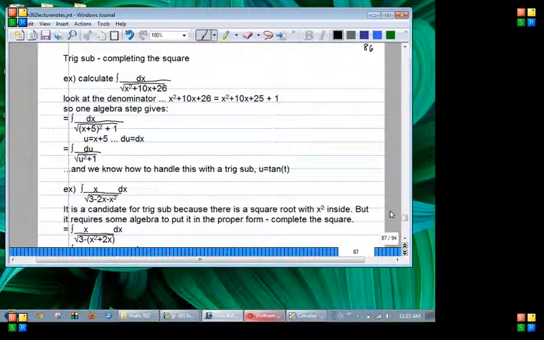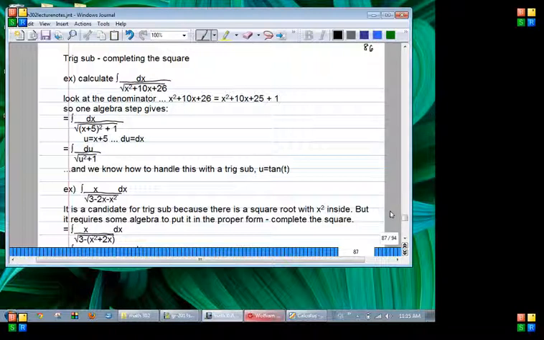So the first thing is you want your constant in one place, and then you want your x terms there as well. And you always want the x squared term to be positive. So that's why we put it in those parentheses. And now how do we complete the square on x squared plus 2x? What's missing? What's missing is a 1.